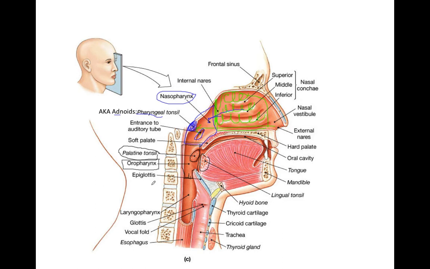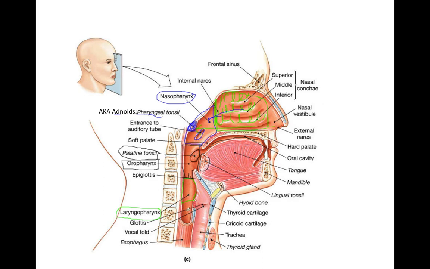So that's all I wanted there. And then the last part of the pharynx is going to be the laryngopharynx. It's going to start here where the oropharynx ends, and it's going to end at the level of the esophagus. And here's where the esophagus starts.